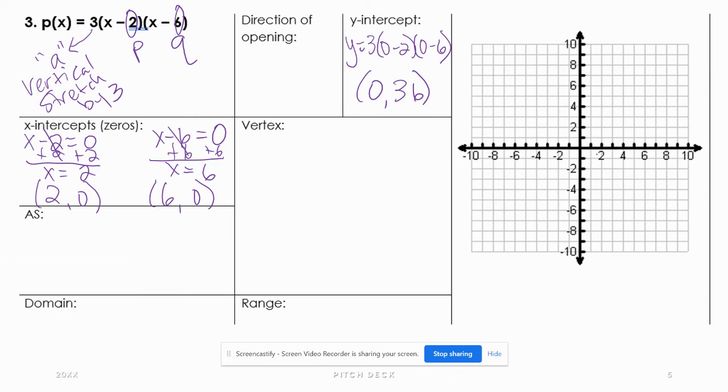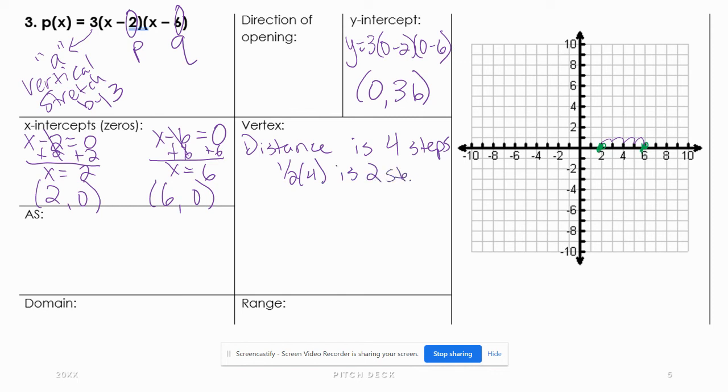Again, starting with plotting my x-intercepts, I'm at positive 2 and positive 6 on the x-axis. The distance from 2 to 6, 1, 2, 3, 4. So our distance is 4 steps. Half of 4 is 2.